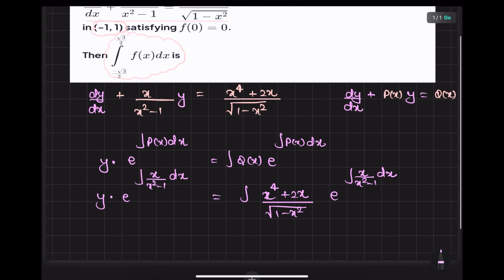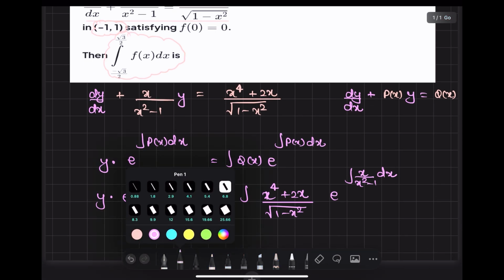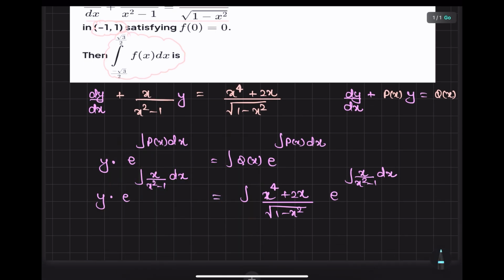Now look at this, how we will integrate. If you take this as z, you will have this as dz. Correct? I will take z as x square minus 1. So dz by dx is equal to 2x, so x dx will become dz by 2.